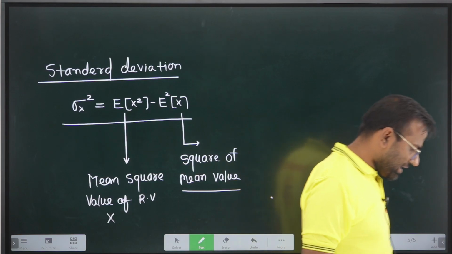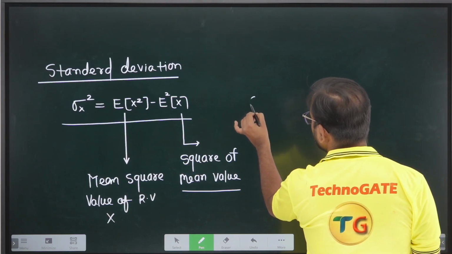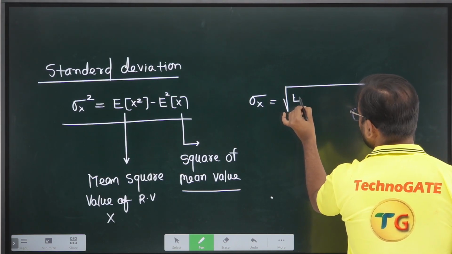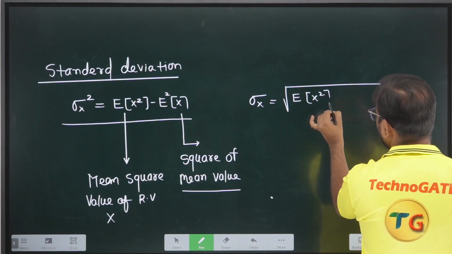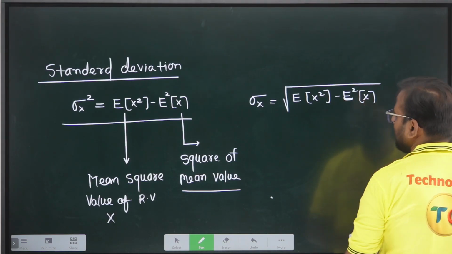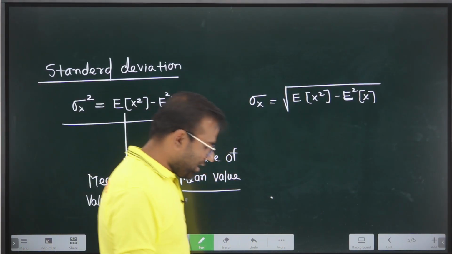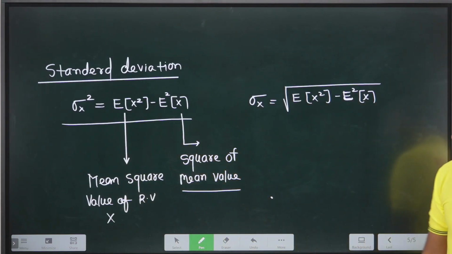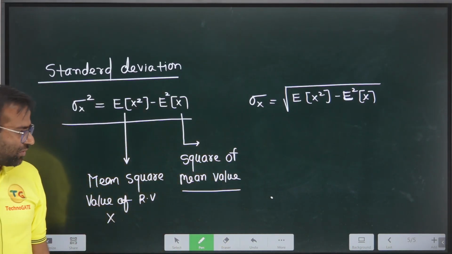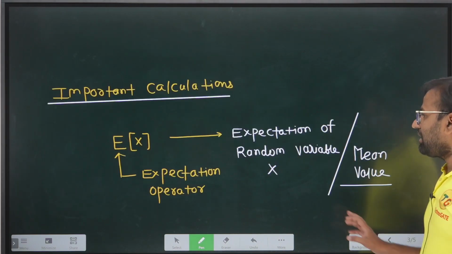Sigma x is known as the standard deviation. It is the mean square value minus the square of the mean value that gives you the standard deviation. It is the difference from the mean. So these statistical parameters are very important while analyzing random numbers.